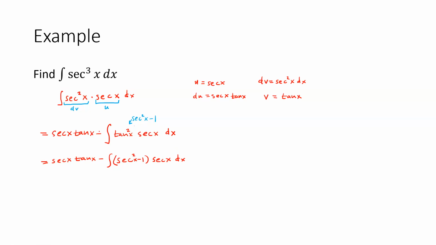So maybe that trick that we did earlier would also apply here. So distributing secant x into the parentheses, we get secant cubed minus secant.